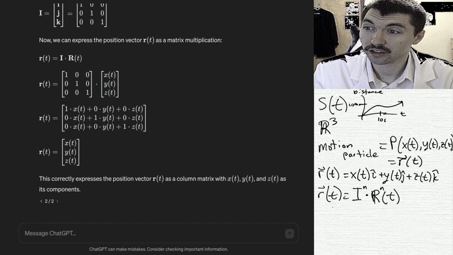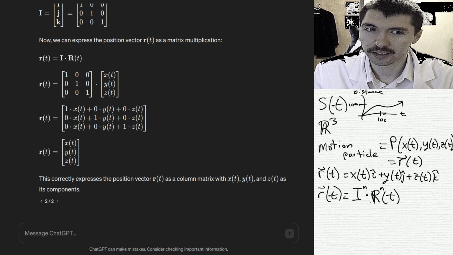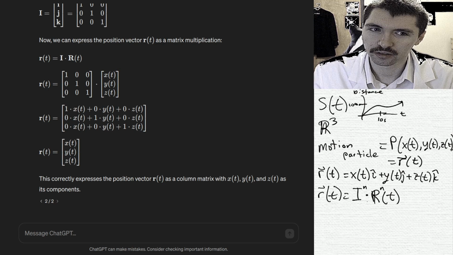So if, in a way, you could say you can take this into 4 dimensions. If you think about it like this.